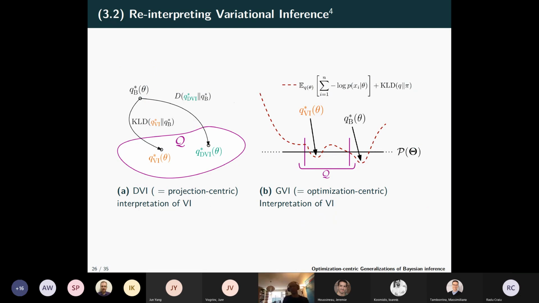The second thing you can do with these optimization problems is reinterpret existing methods. I was alluding to this earlier. When people speak about variational inference, they will often show you the picture that I've shown here on plot A on the left. In this picture, you have the Bayesian posterior, that's Q star B. But your computational budget is limited. You can't actually work with this.